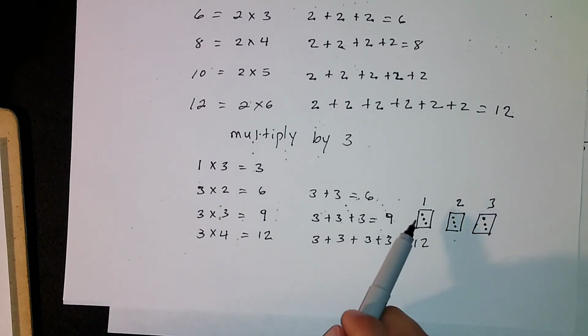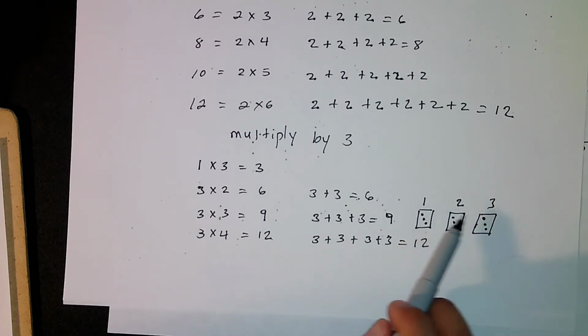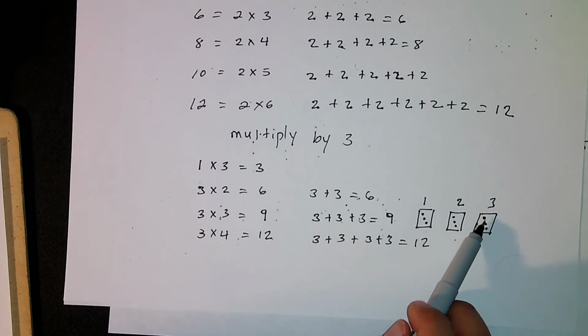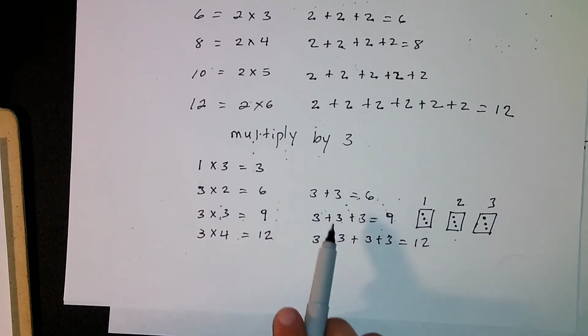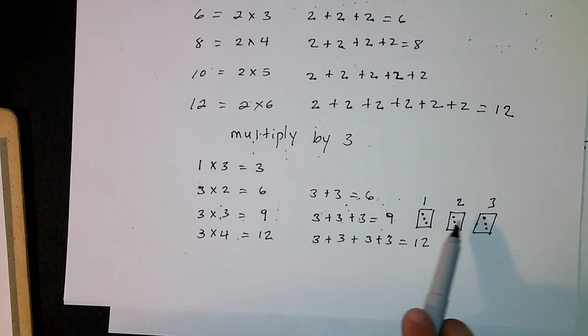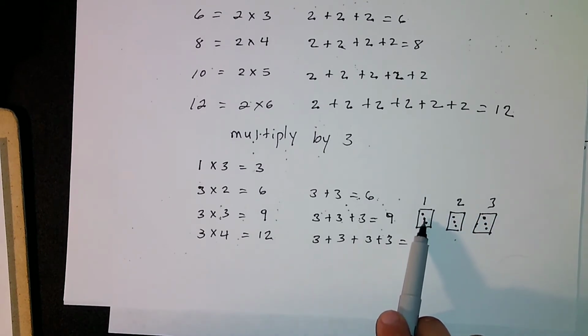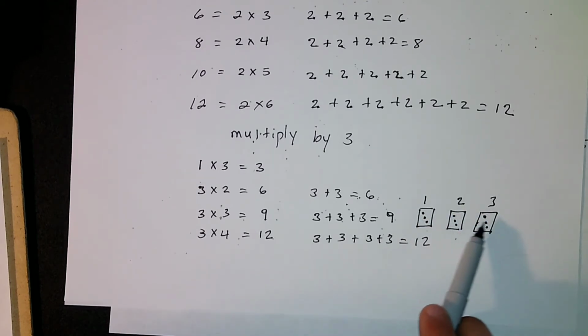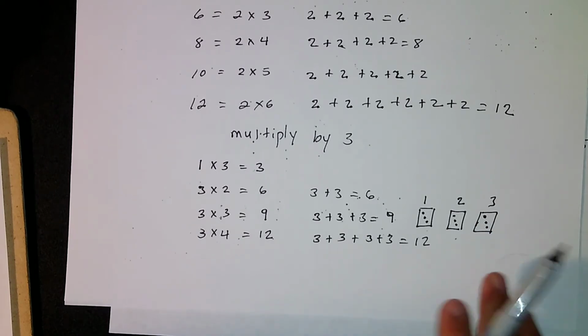Right? You count the dots. 1, 2, 3, 4, 5, 6, 7, 8, 9. 3 times 3 is 9. 3 plus 3 is 6. 6 plus 3 is 9. You have 3 dices, and each dice has 3 dots. And when you count each dot, you should have a total of 9.